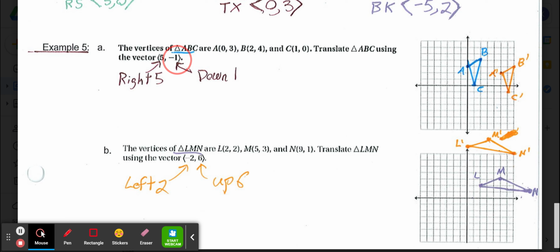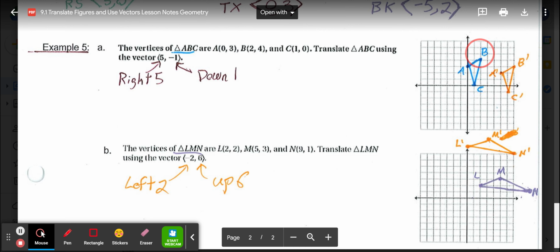Second value, -1, means down 1. So what I do is I just take each coordinate, like for example here using B, and I would move it right 5, down 1. Then I'd take A, right 5, down 1. Take C, right 5, down 1. And now we have triangle A prime, B prime, C prime.